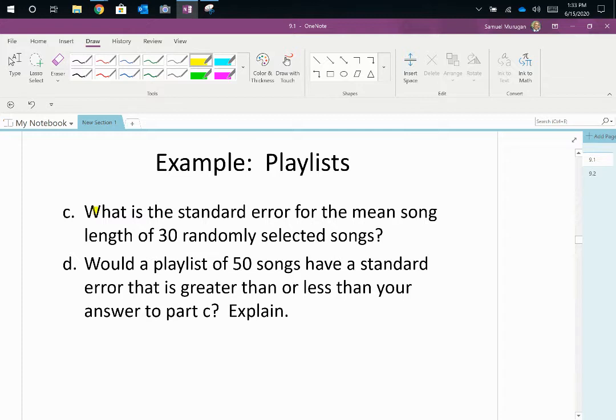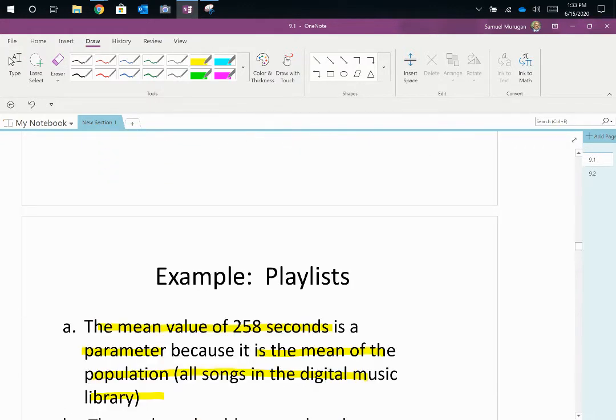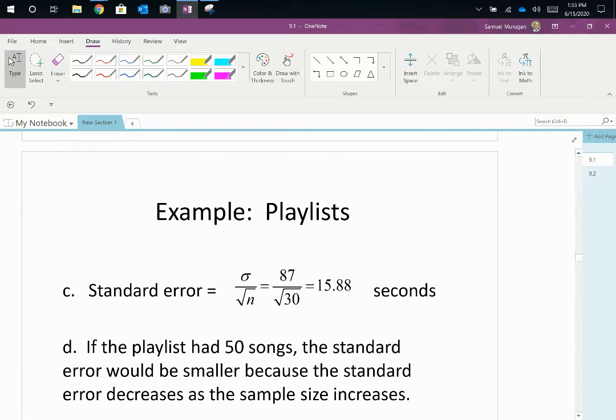Part C, what is the standard error of the length of 30 selected songs? Notice we're using standard error here and not standard deviation because we're talking about the sample. There's a formula that is used for standard error.